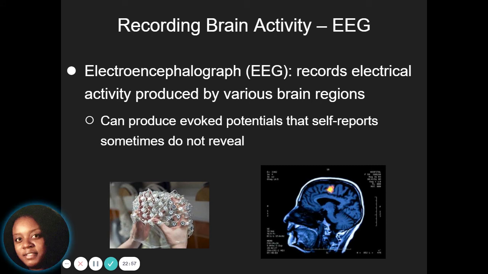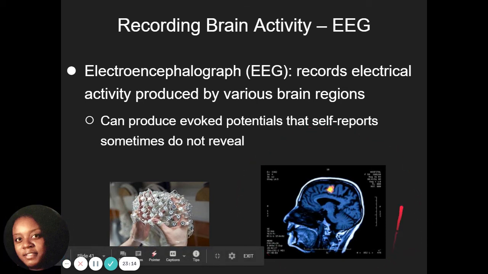If you look at the first picture, things like that, the little devices in a cap that you have to put on so that your brain waves can be measured. And it will show an image like the second picture here to tell you what those brain areas look like.